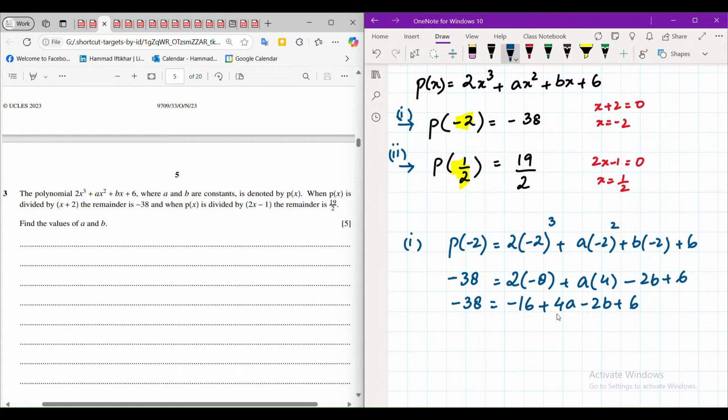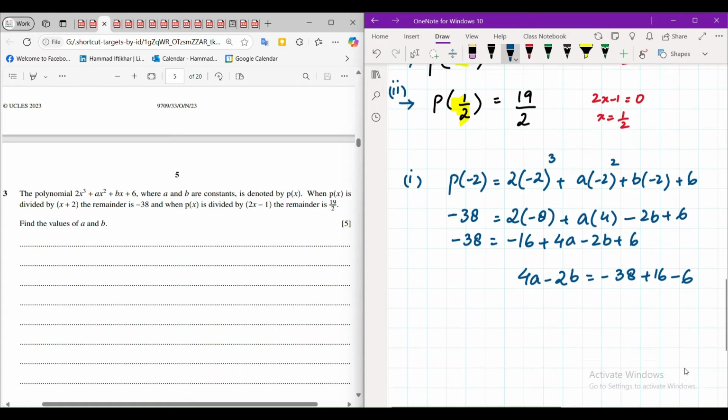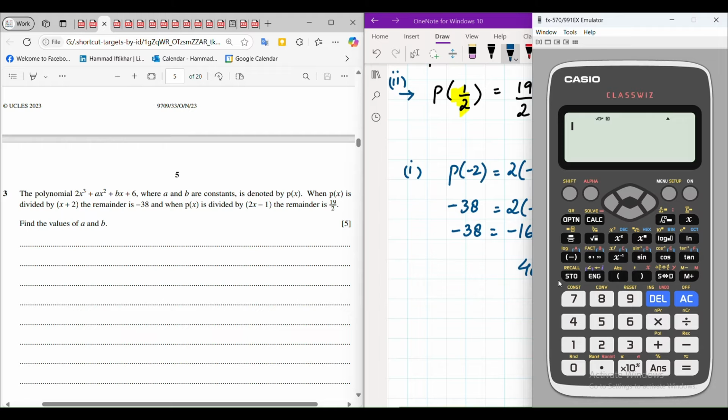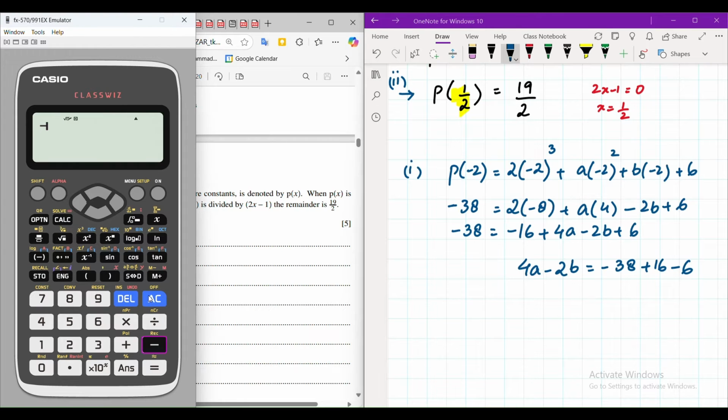Let's keep 4a minus 2b on one side, and on the other side we have negative 38 plus 16 minus 6, so negative 28. As you can see, we can further simplify this. When we divide both sides by 2, this becomes 2a minus b equals minus 14. Either way, that represents the first equation.